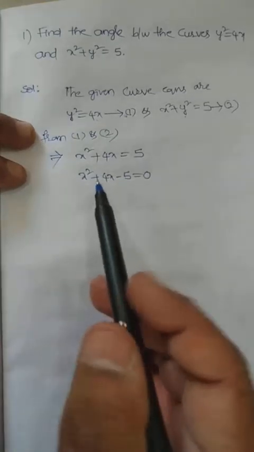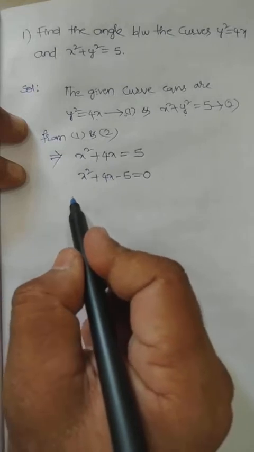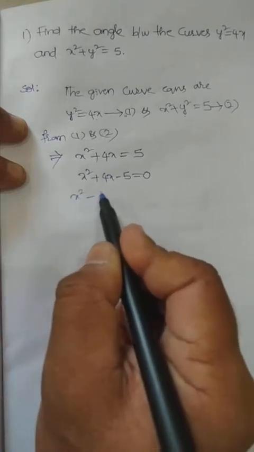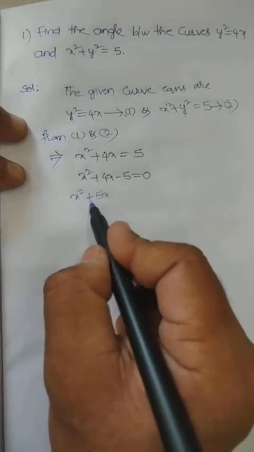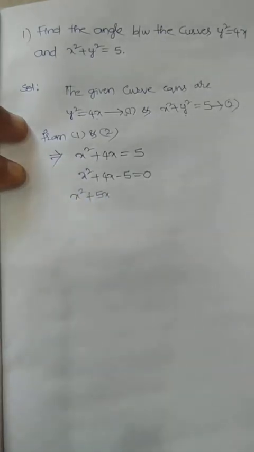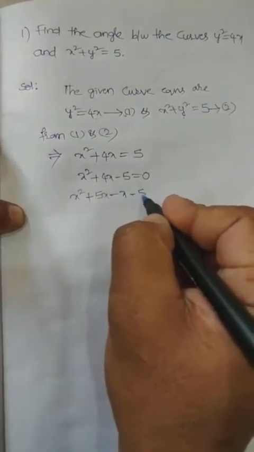So it is a quadratic equation, so we have to factorize it. So x square plus 5x minus x minus 5 is equal to 0.